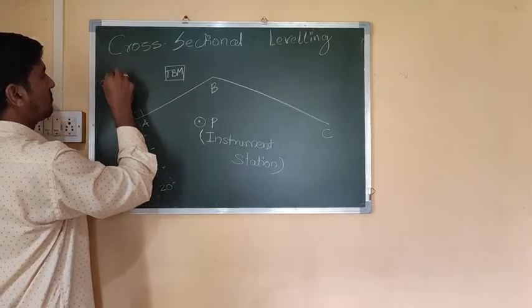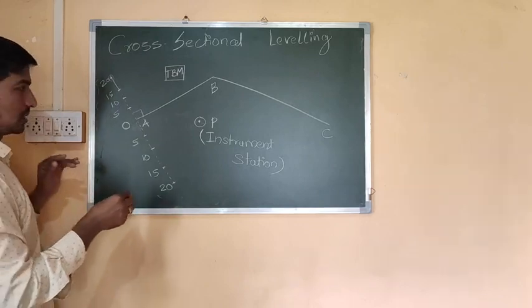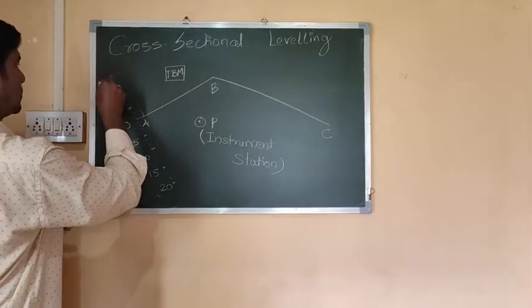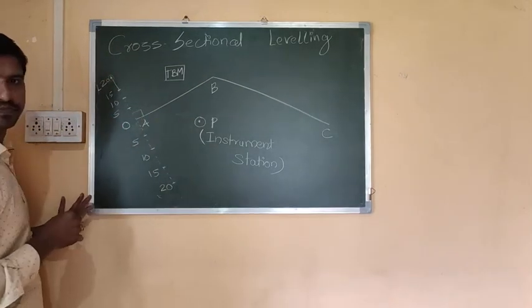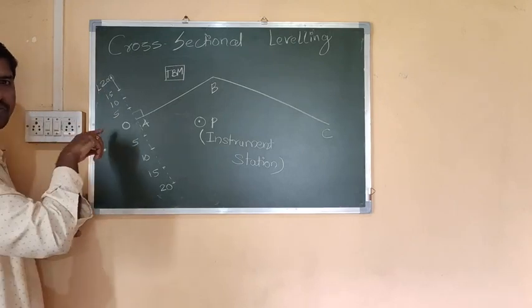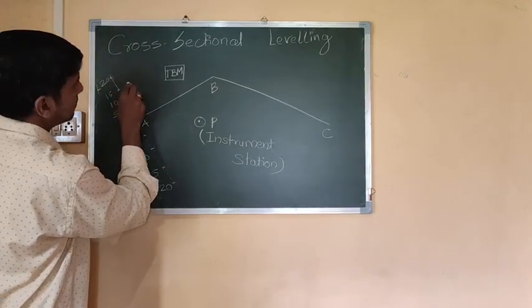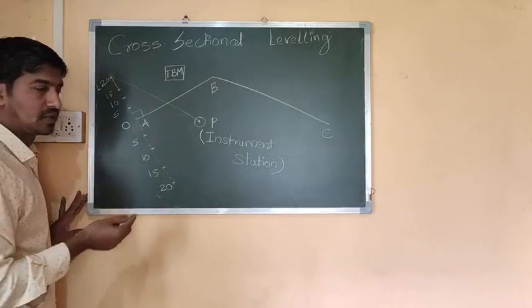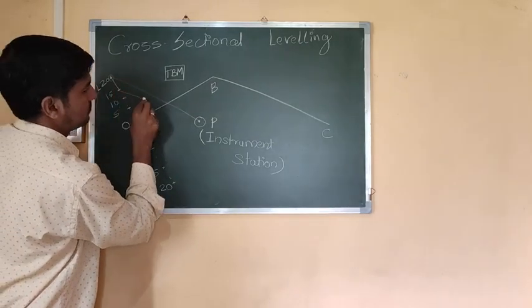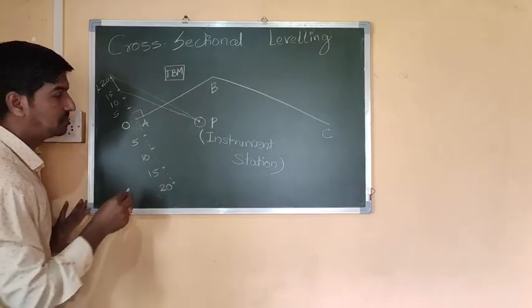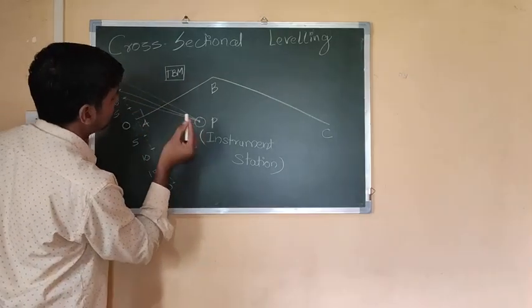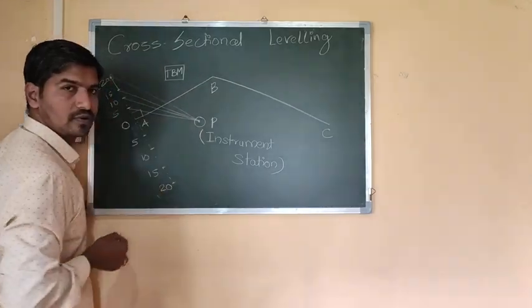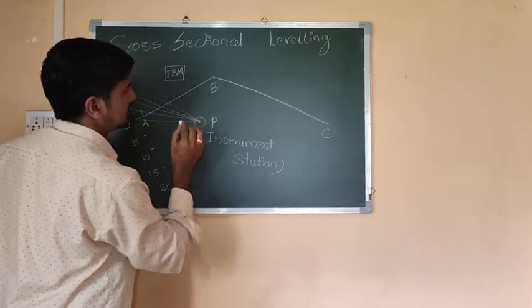Say I have kept the staff at 20 meters on my left, so I will call it L20. I have kept the staff on L20 and taken the reading. This dotted line shows the reading taken. On the same line, L15, L10, L5 and the center line.